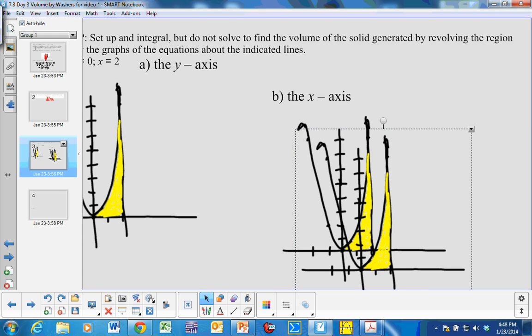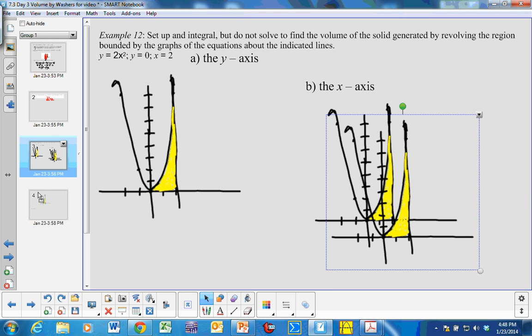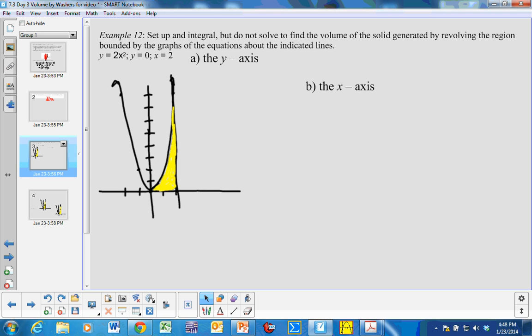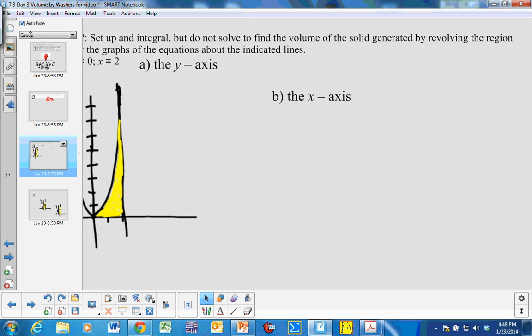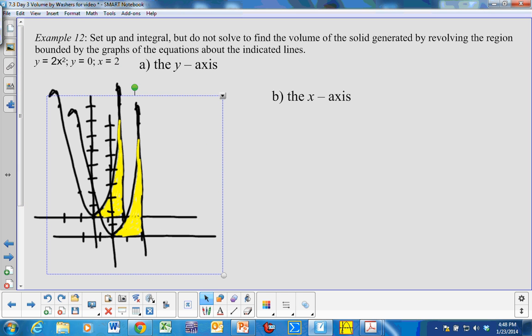And then let's put those on this other page. Oh, there should be another one. There we go.